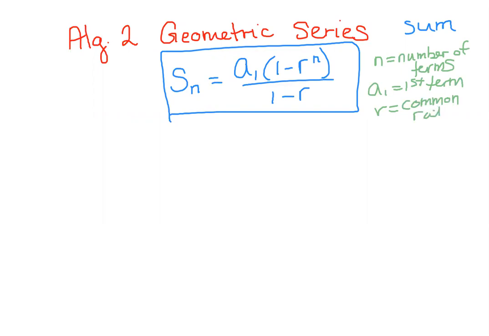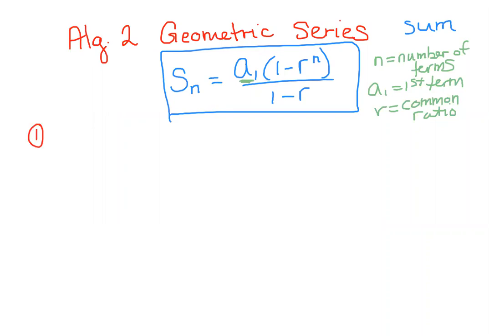So as long as you have those things, we can find this. Remember that when we did arithmetic series, you had to know the first term and the last term. Now you don't need to know that, you just need to know the first term and the r, and how many there are. So let's look at some examples.